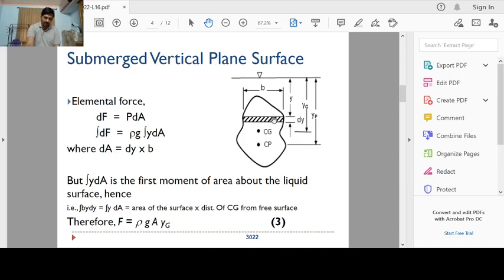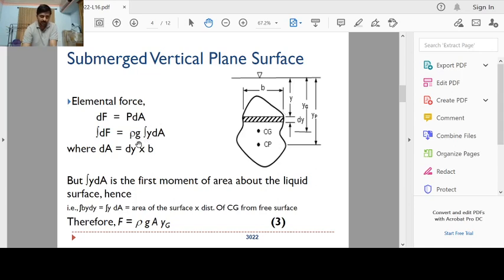Now if you integrate this force dF over this entire surface cross section, you will get the total force or the total pressure. So integral dF is equal to rho g into integral y dA, where P is equal to rho g h. Here h is replaced by y because it is the distance of the strip from the free surface, and the pressure exerted by the liquid just on top of the strip is rho g y.